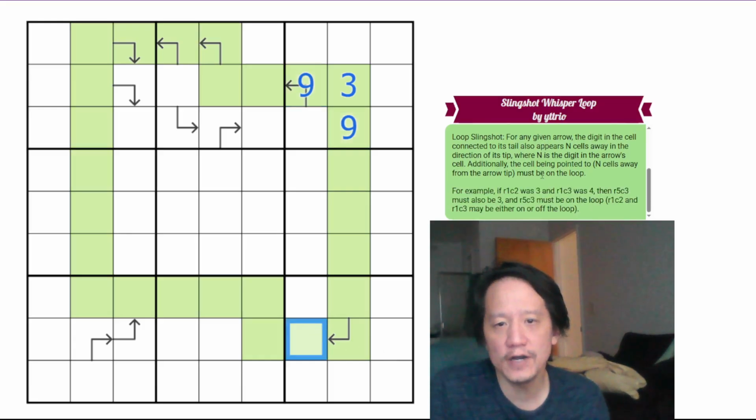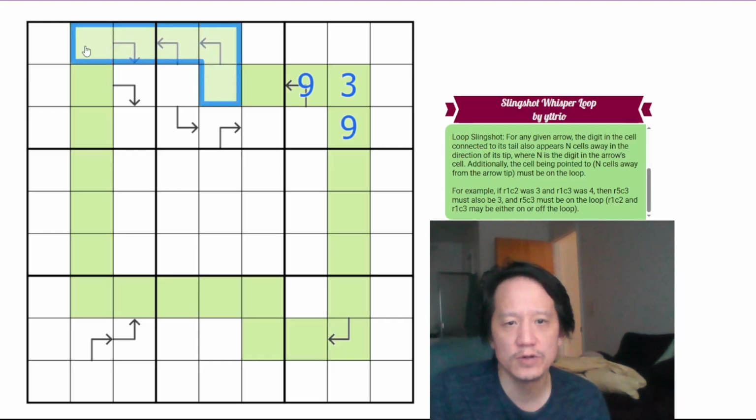And then finally, we have loop slingshot, which is for any given arrow, the digit in the cell connected to its tail also appears n cells away in the direction of its tip, where n is the digit in the arrow's cell.